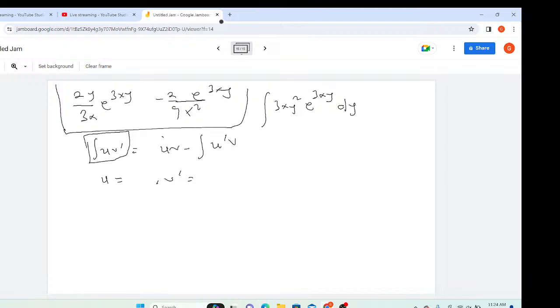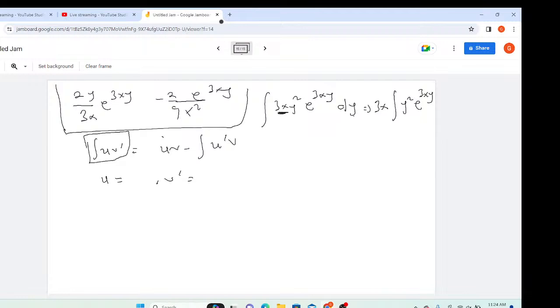This 3x here becomes a constant because we are integrating with respect to y. You can actually see that this is equal to 3x integral y squared exponential 3xy. Yes, so we can have it something like this.